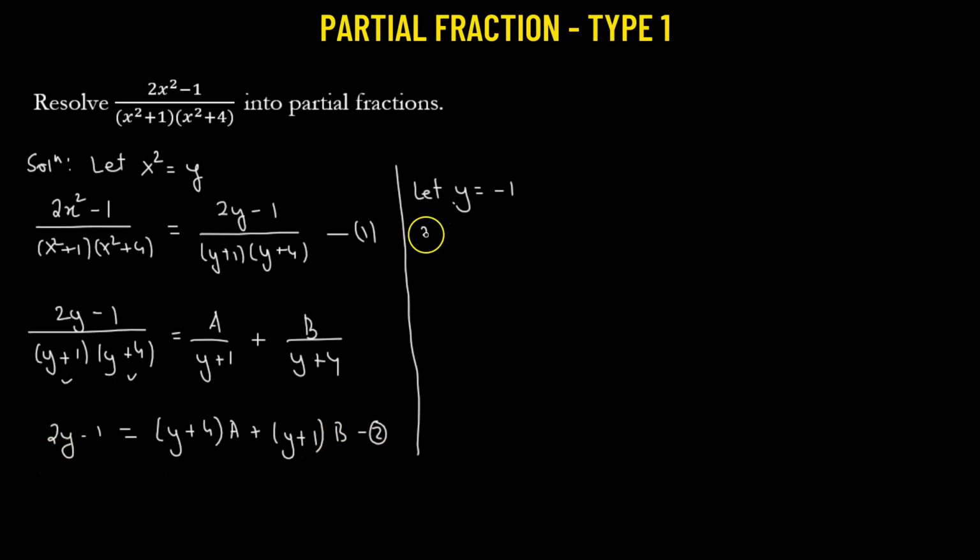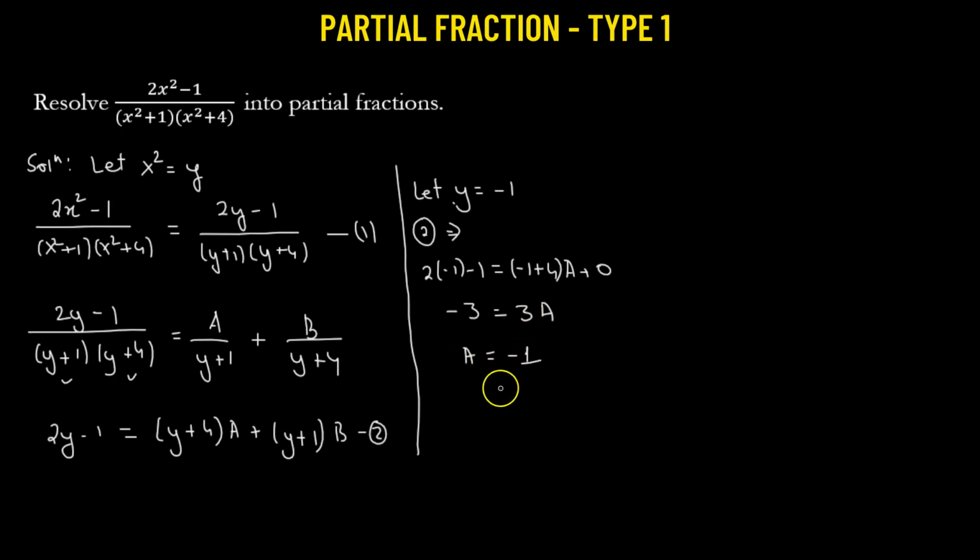So our equation number 2 will now become 2 times -1 minus 1 equals (-1 plus 4) multiplied by a, and the second term is 0. So we have -2 minus 1, so that's -3 equals (-1 plus 4), so that's +3 times a.